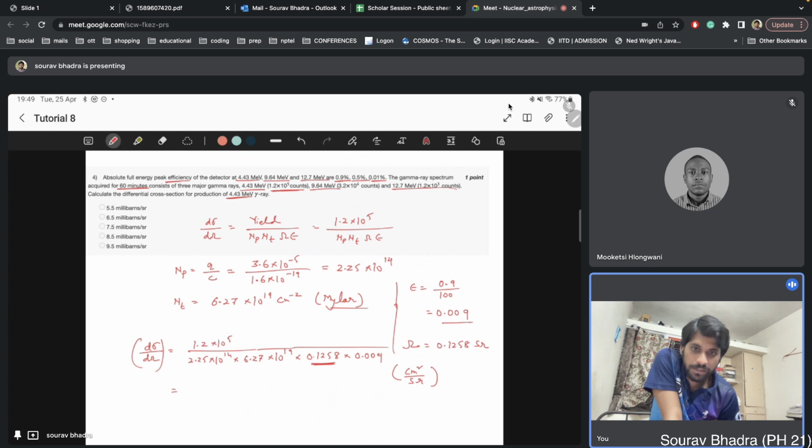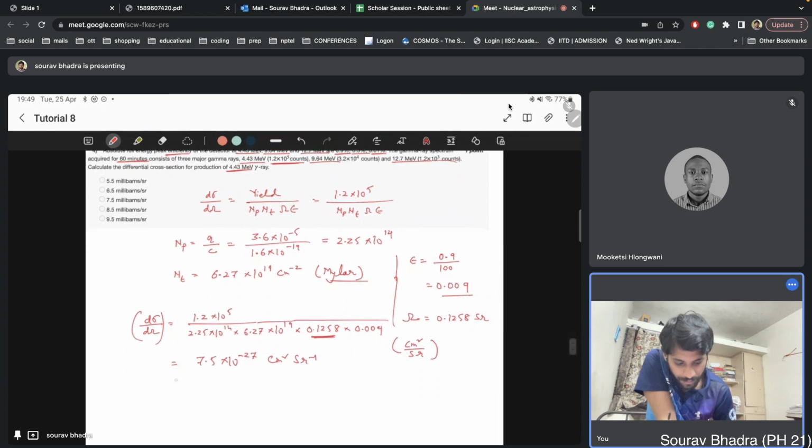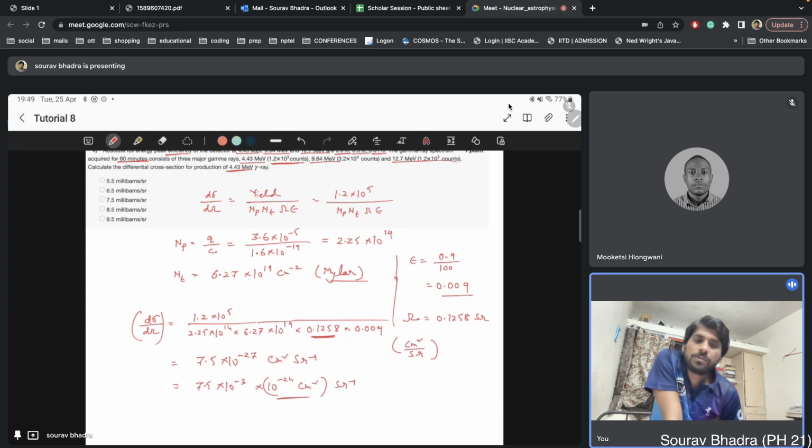So centimeter square by steradian is the correct unit, and if you calculate it, you will get 7.5 10 to the power minus 27 centimeter square steradian inverse. That means you can write it like this also, 10 to the power minus 24 centimeter square steradian inverse. So 10 to the power minus 24 centimeter square can be written as, sorry, a barn. So it is also a unit of area.